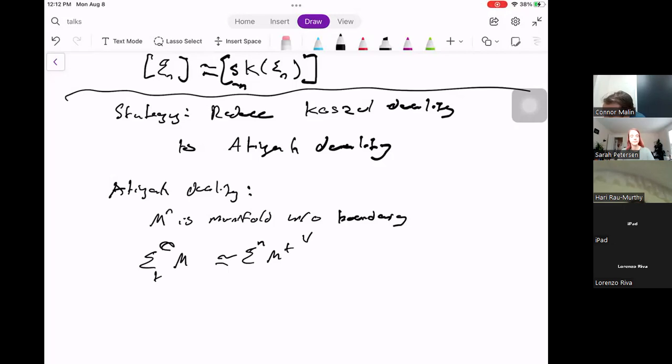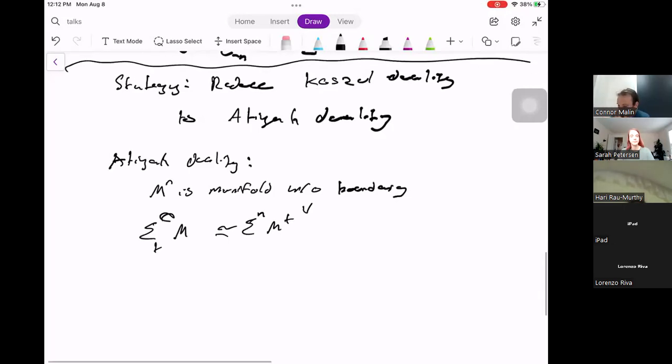So this should be n-dimensional. Okay. So here, this is just something we understand. This is the suspension spectrum of a space, and this is a suspension spectrum of a. Let me re-bracket this because it's a little confusing.